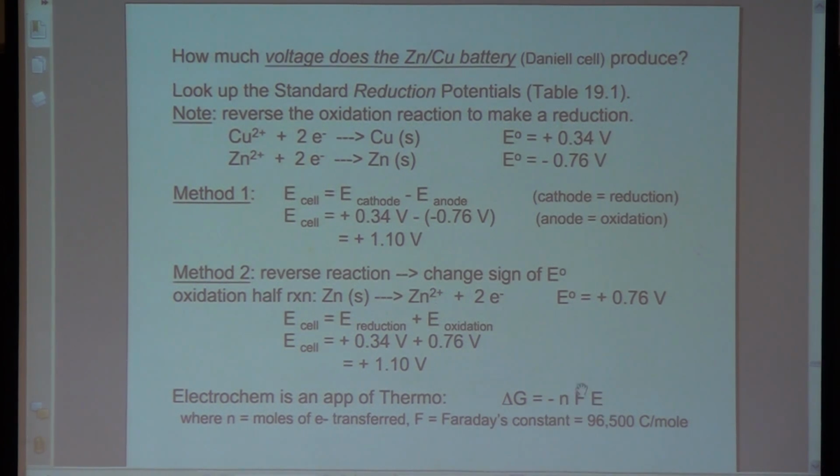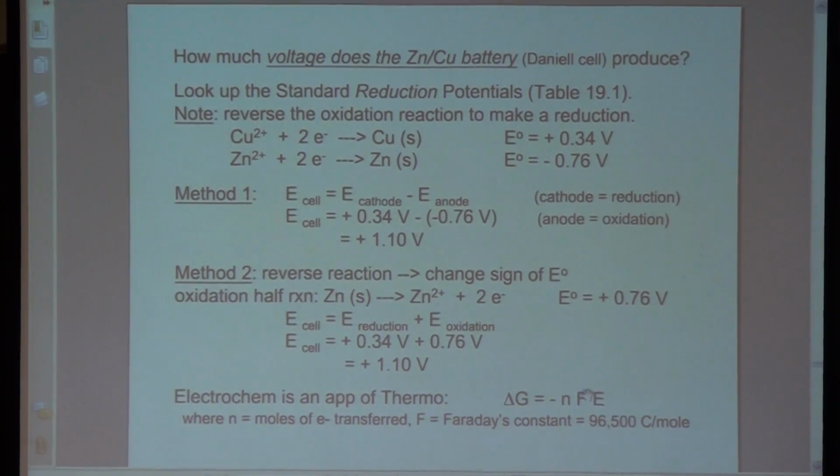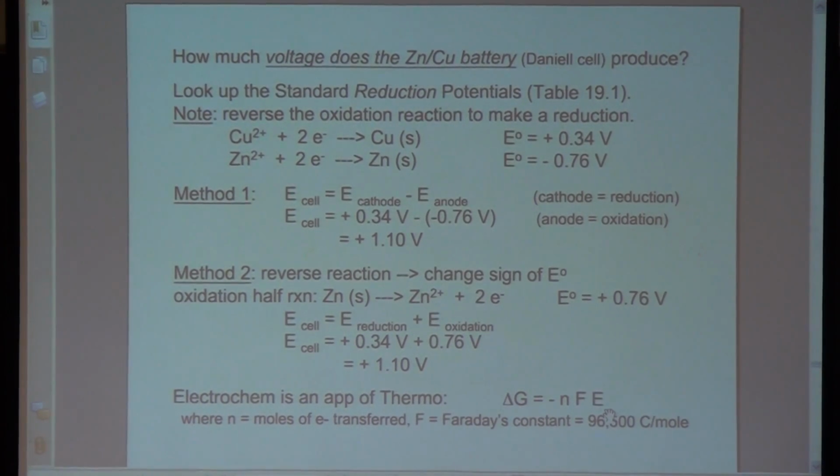So for a battery, E should be a positive number, because the reaction should be spontaneous, since delta G should be less than 0.